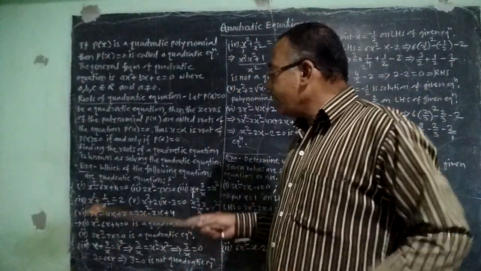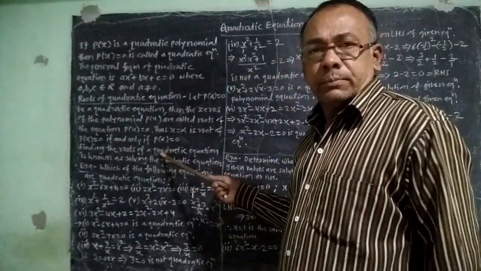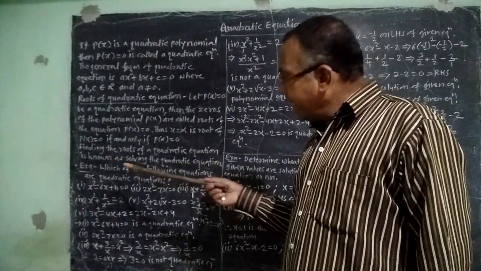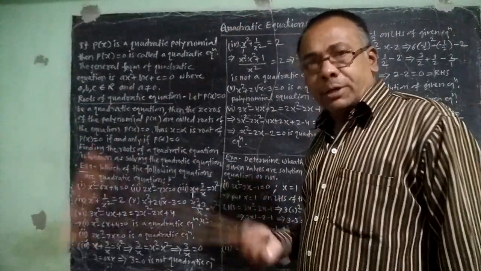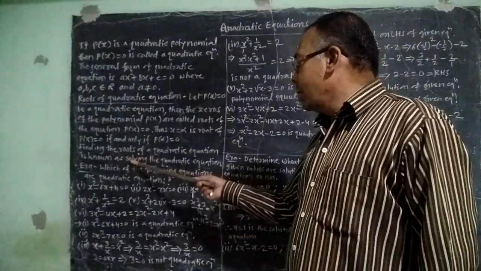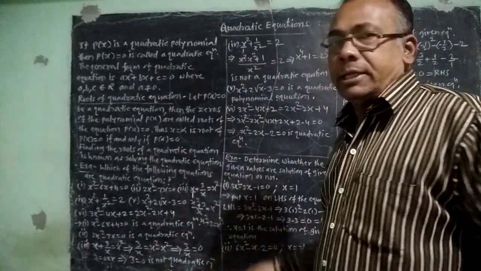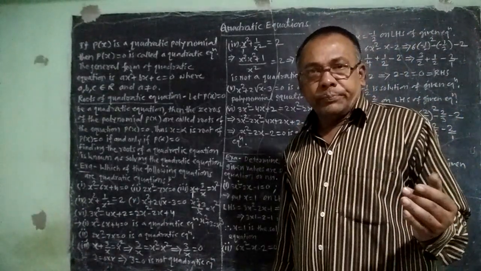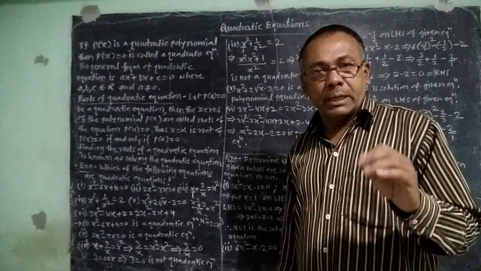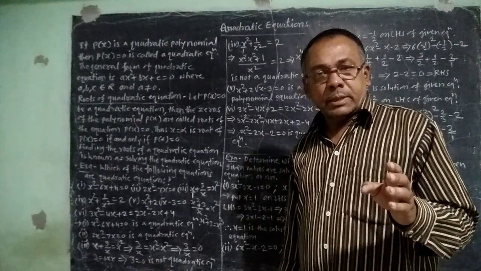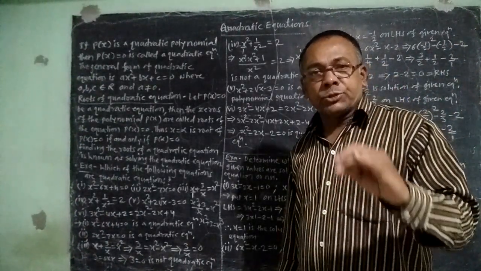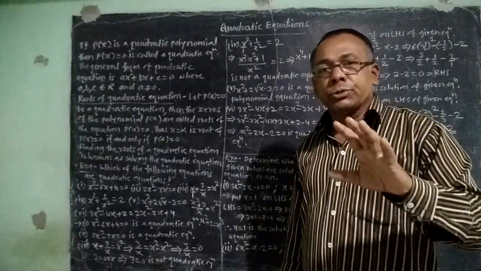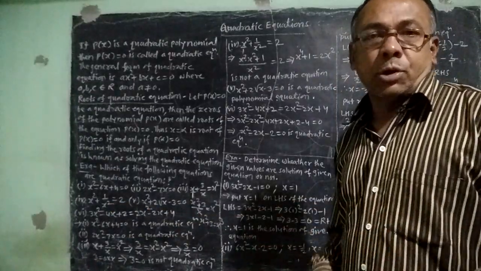Now, finding the roots or the zeros of a quadratic equation is called solving the quadratic equation. After solution we get the values of the variable x, and the value of x is called the solution or the zeros or the roots of the quadratic equation.